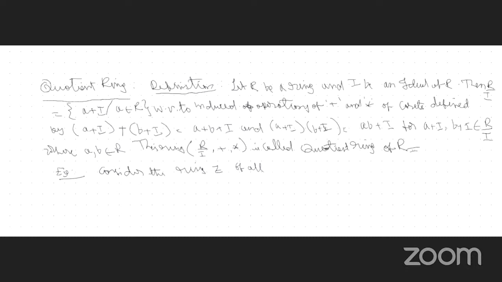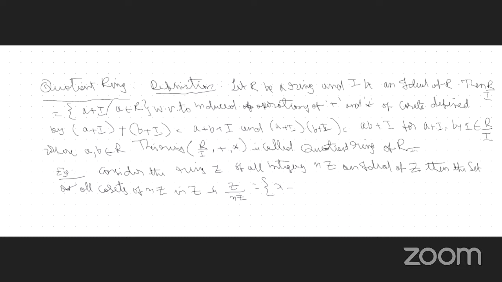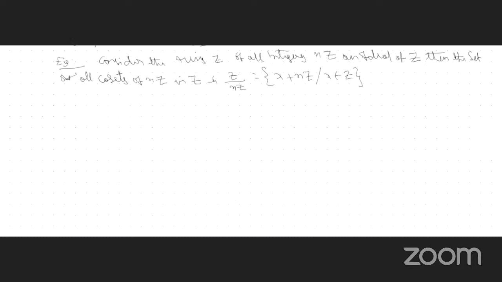Let nZ, with n positive, be an ideal of Z. Then the set of all cosets of nZ in Z is Z by nZ, which equals x plus nZ such that x belongs to Z.